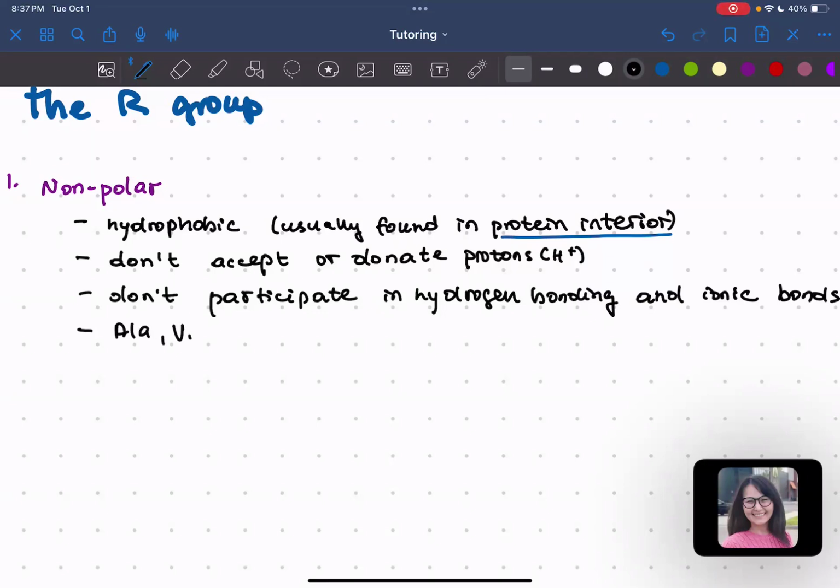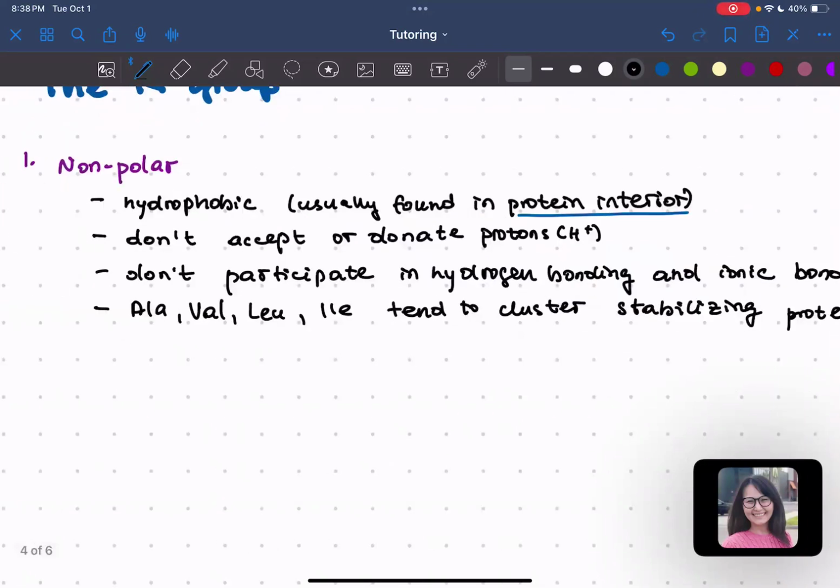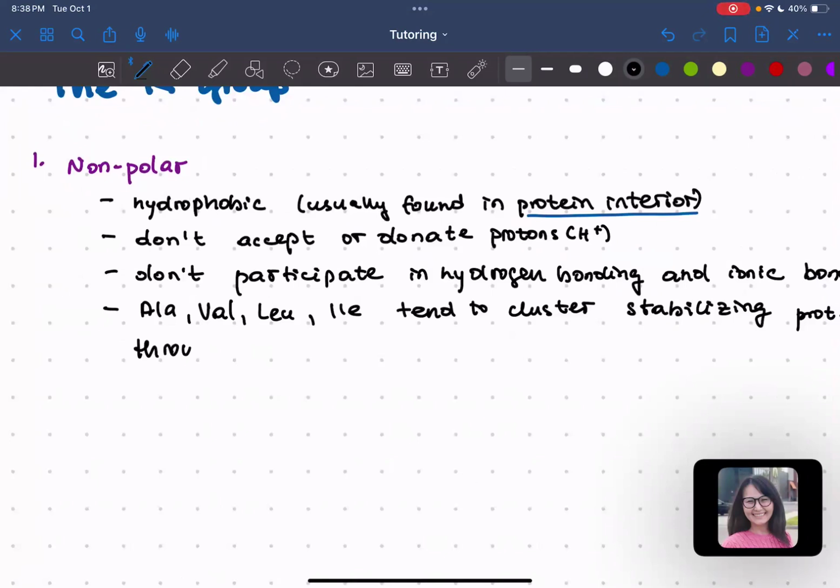Okay, alanine, valine, leucine, isoleucine. They tend to cluster, stabilizing proteins through hydrophobic interactions.